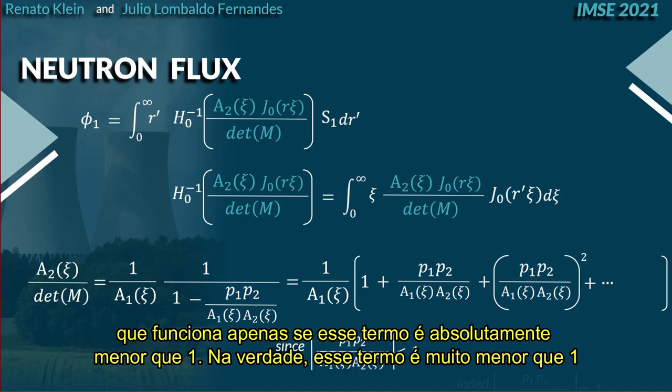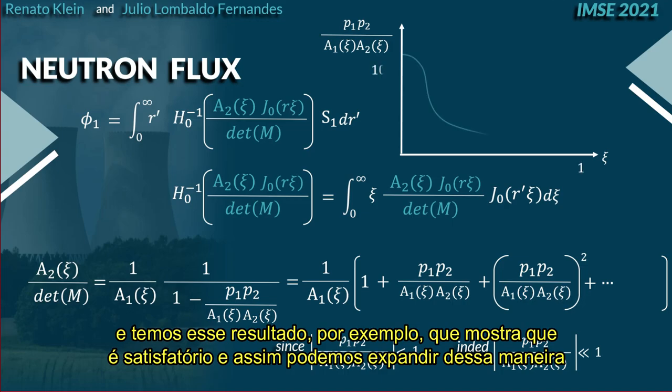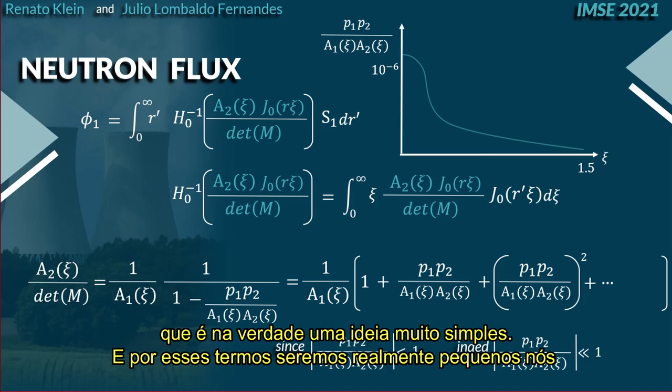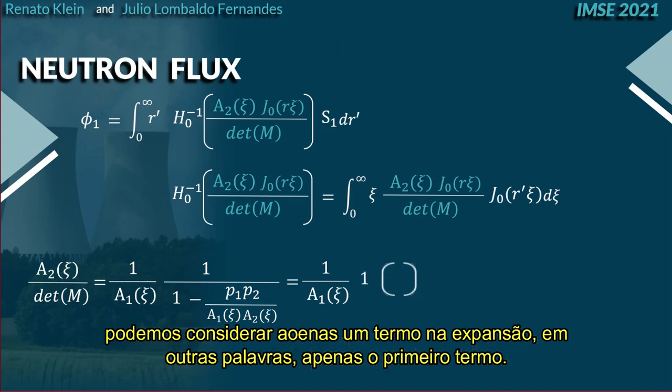And indeed, this term is much less than 1. We have some simulations of the pattern of this term in the transform space, and we have this result, which shows that the condition is satisfied. So we can expand this in this way. It's a really simple idea, and because these terms are really small, we can consider here just one term, in other words, just the first term.